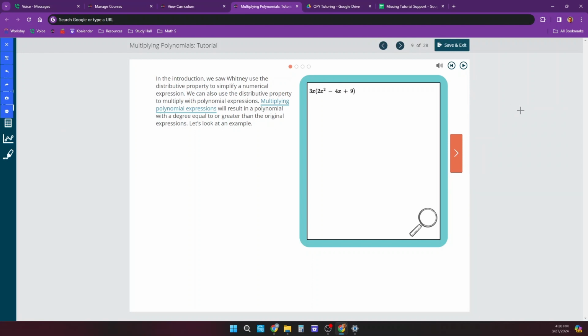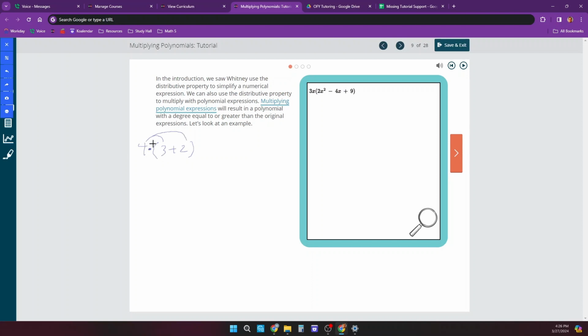So, as a reminder, the distributive property means that when we have a situation where we have a number next to parentheses, let's say we had 4 times 3 plus 2, whenever we have a number next to parentheses, the way that we resolve this is by multiplying this outside number to each term inside the parentheses.